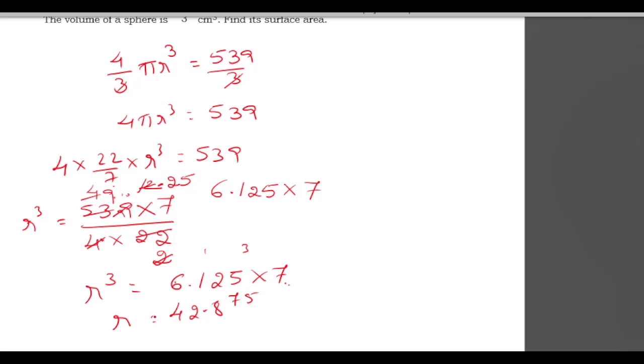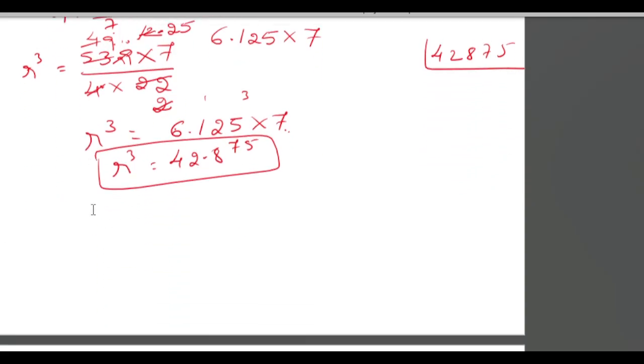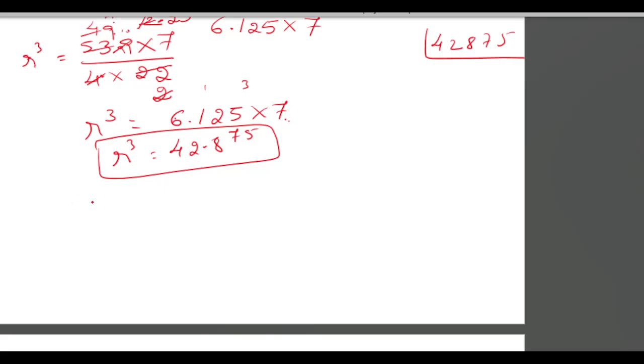So if you prime factorize this term, 42.875, we select the cube numbers and write them. Here r is equal to the cube root of 42.875. The prime factor can be divided by 3, 3, 3.